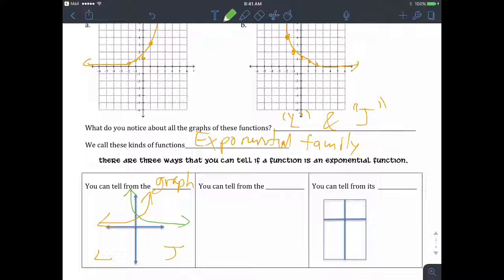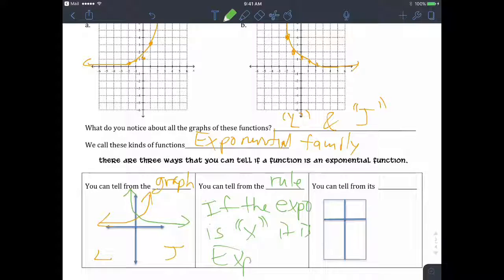Well, again, looking at the rule or the equation, if the exponent is x, it is exponential. Okay? Now, again, we already set it up there, but the way that you look at it from the chart is if you multiply or divide each time.